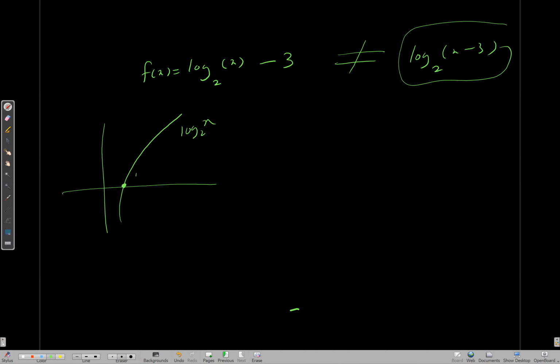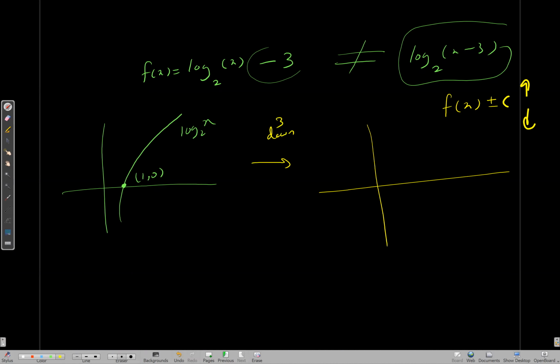This point right here, (1, 0). And only with this minus 3, can you remember? That's the first transformation we learned quite a while ago. If you add or subtract c outside, it will go up or down. With minus, it will go down. So this whole shape will go 3 units down.